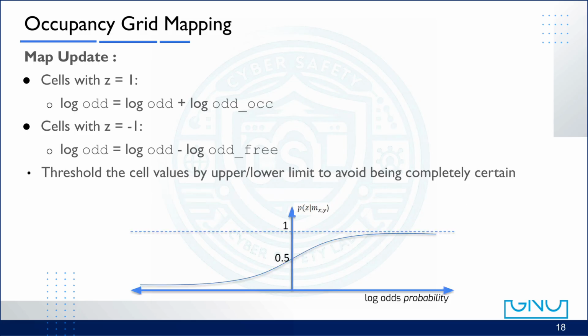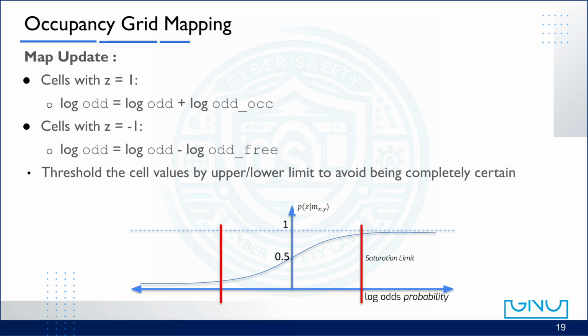So once we have these saturation limits, the accumulated log odds cannot grow indefinitely. Even if many measurements support the same decision, the value will eventually flatten out. This ensures that the map remains flexible and can still recover from incorrect or noisy observations.